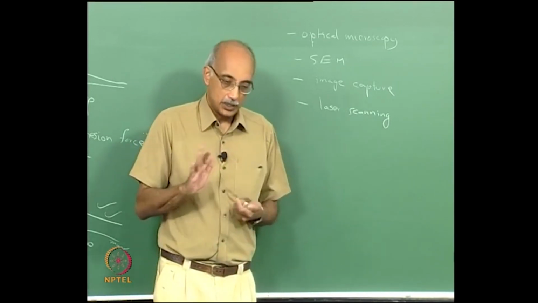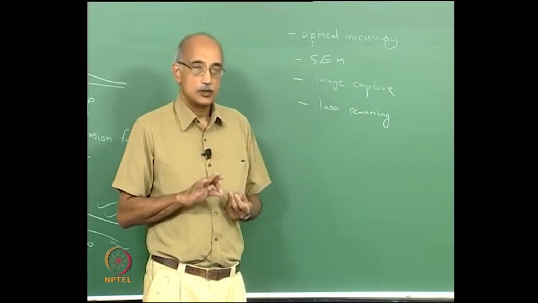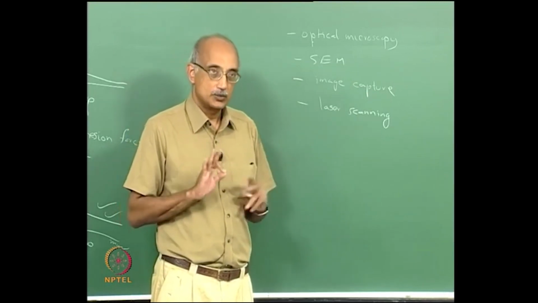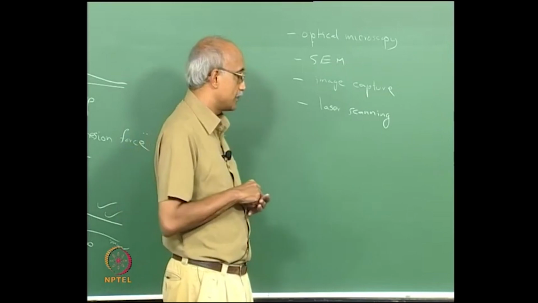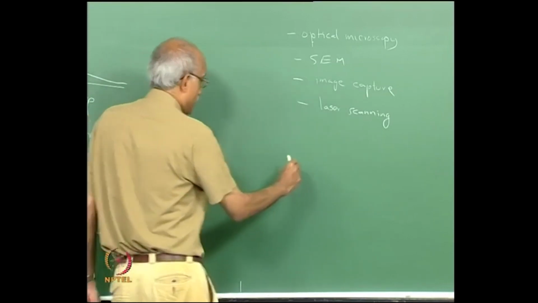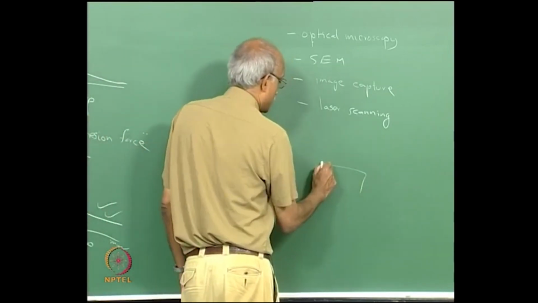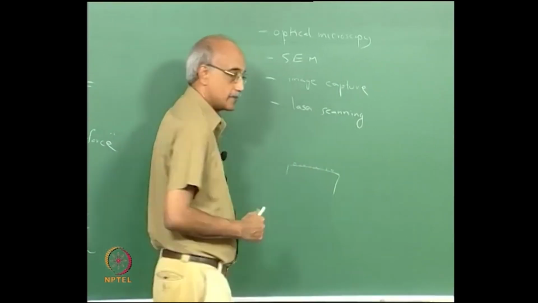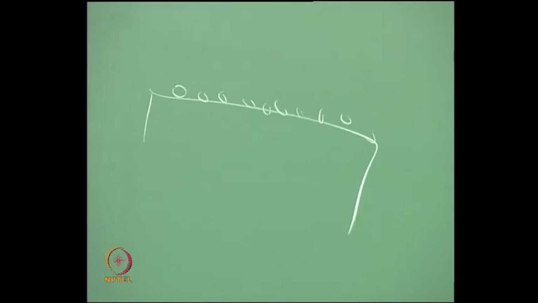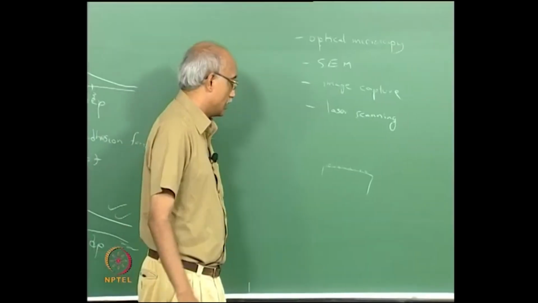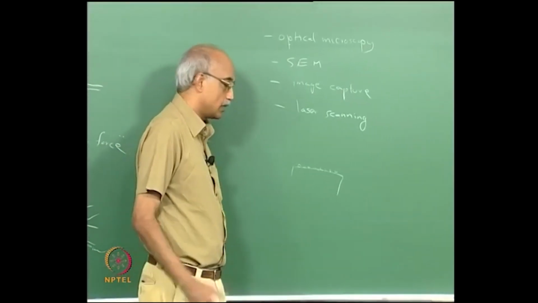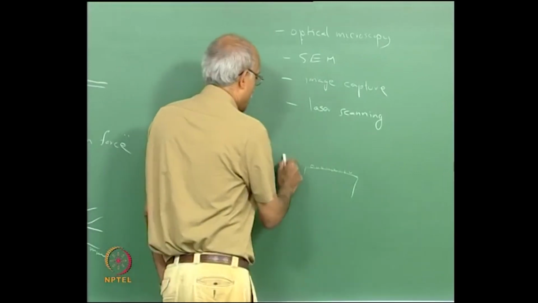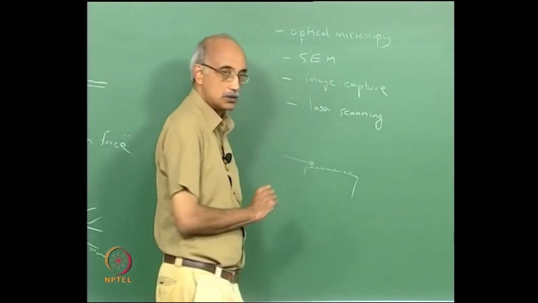But there are other techniques which are much more conveniently used if you are only interested in doing counting. For example, let's say that this is your wafer, and on this you have deposited a known number of particles of a known size distribution, and now you want to apply a force to remove the particles.